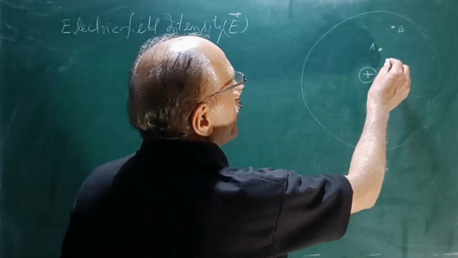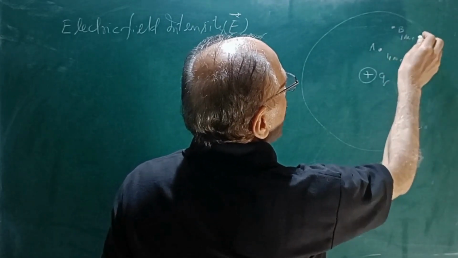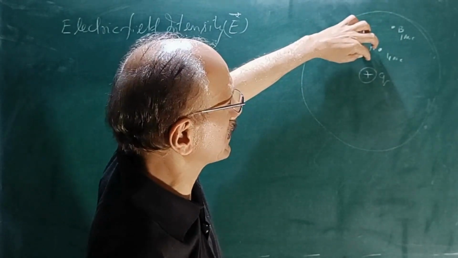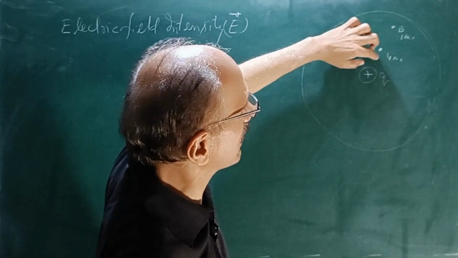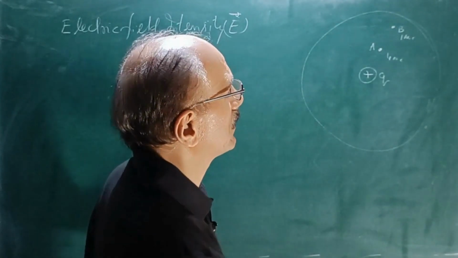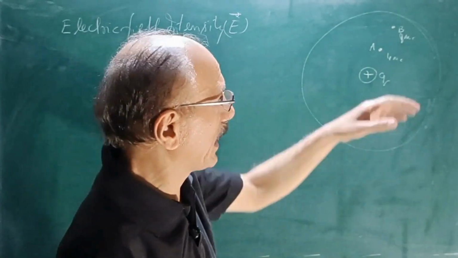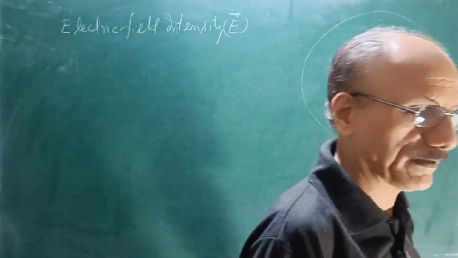Suppose I bring 4 microcoulomb here and 1 microcoulomb here and then I test, then the force may be more here than this, or the force may be less here than this if it is 8 microcoulomb. So this way the conclusion will not be a correct one.